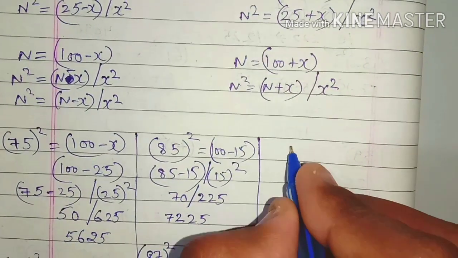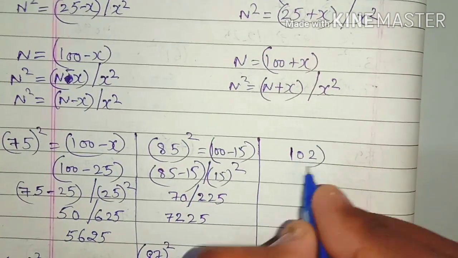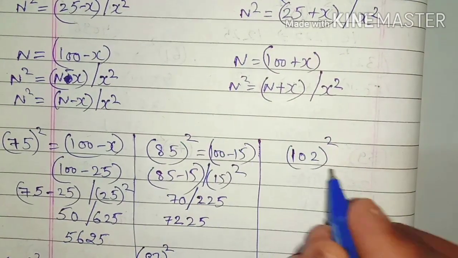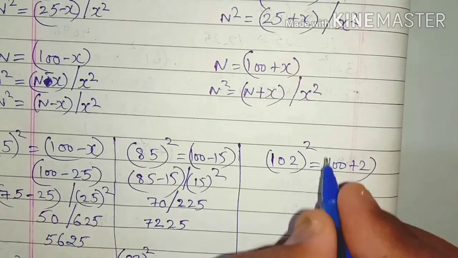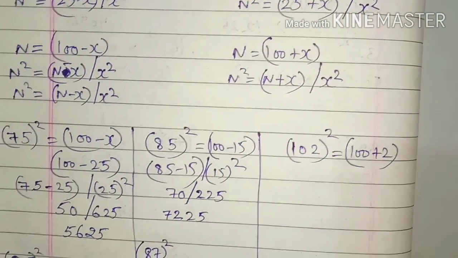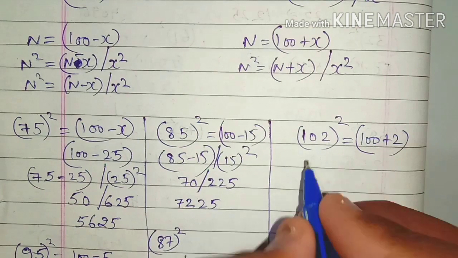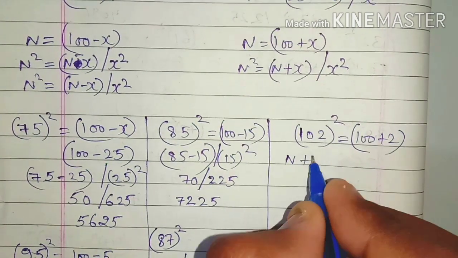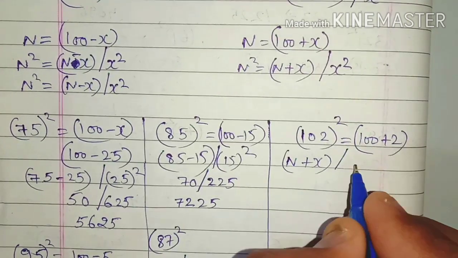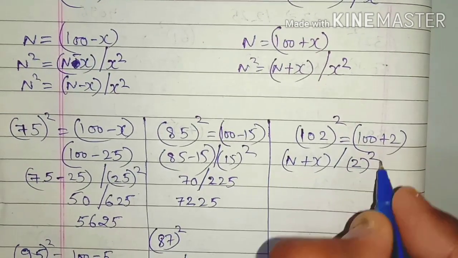Taking a simple example, square of 102, we can write it as 100 plus 2. We have to add the number plus x, and on the right side the square of x, meaning 2 squared.